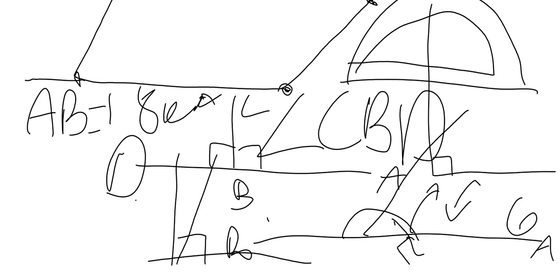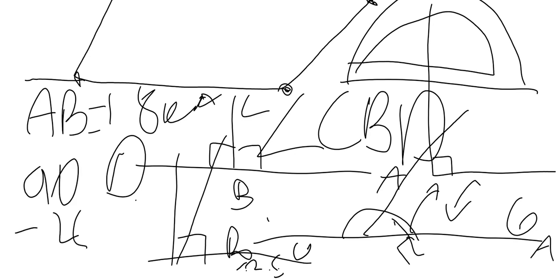So if you have this, say this would probably be 25 degrees. Since they add up to 90, you could subtract 25 from 90, which will give you 65. So this would be 65 degrees, assuming this is 25. It sort of does look like it.